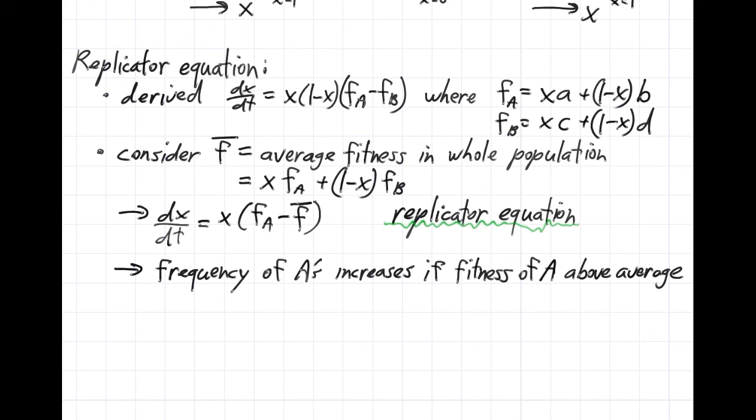And on the other hand, the frequency of B's increases if the fitness of B on average is above the whole population average fitness. And this formulation, the replicator equation, or this one, is going to be the foundation of everything we do in evolutionary game theory in this course. And so that's why we want to go through this derivation and build it up fairly carefully.